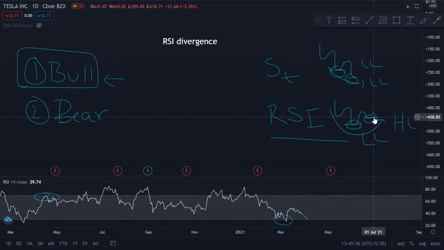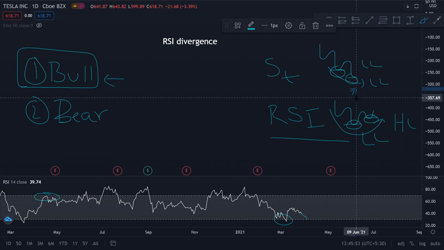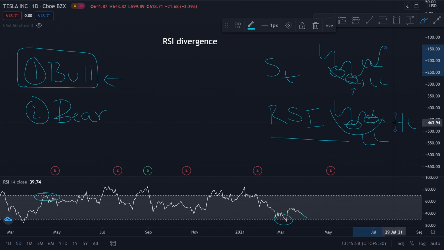So the strength of the bearish momentum is decreasing. The lower the RSI, the stronger the bearish momentum, right? Because this RSI is going higher, the momentum is slowing down. So what we can say is, okay, now the sellers are weakening and the buyers are entering the market. The momentum is weakening and the market might turn around from here. This is the prediction we try to make.